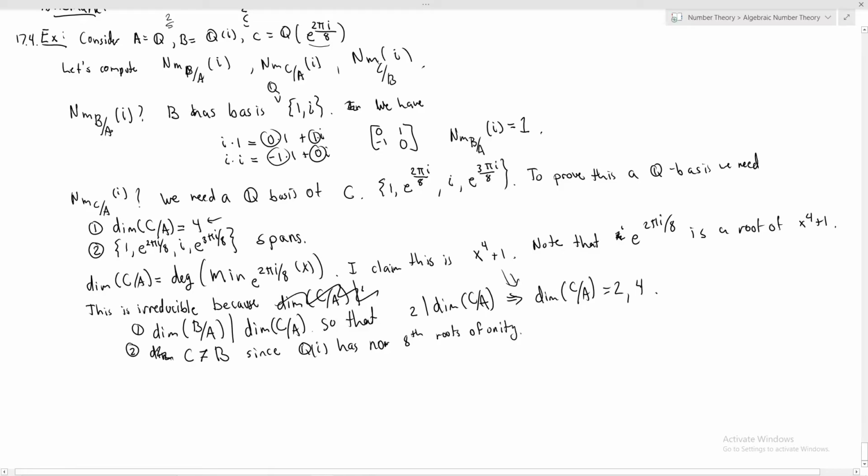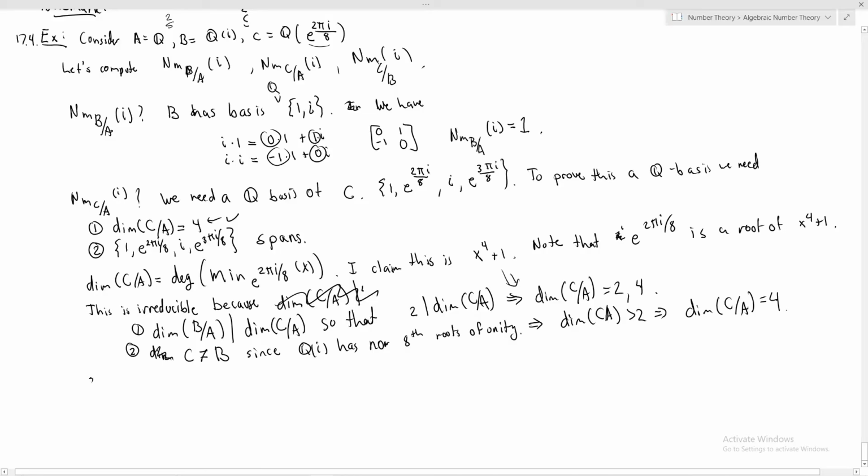Okay, so if this is not equal to B, then this implies that the dimension of C over A has to be bigger than 2, which implies that it's 4. Okay. So I've got this first thing checked off the list. The second condition, I just need to check that it spans.